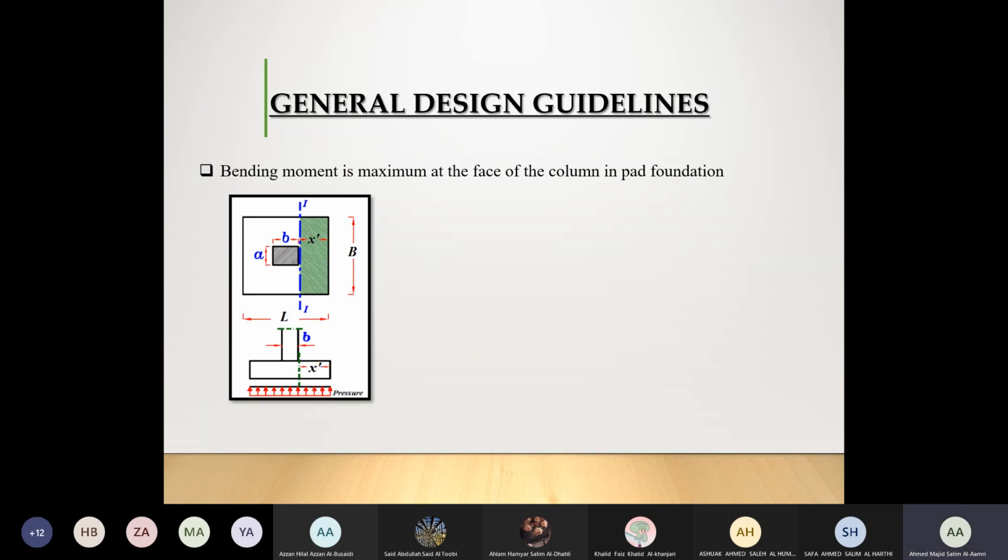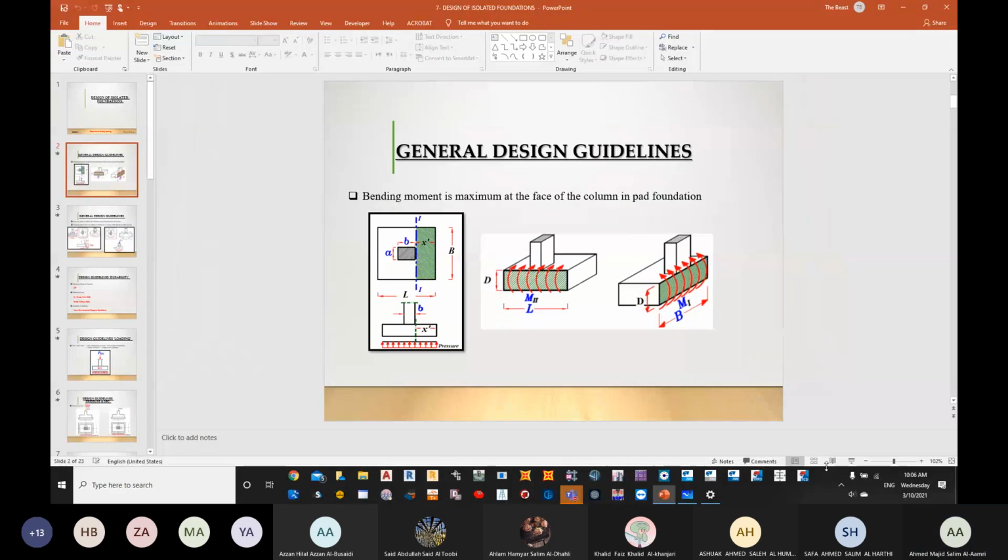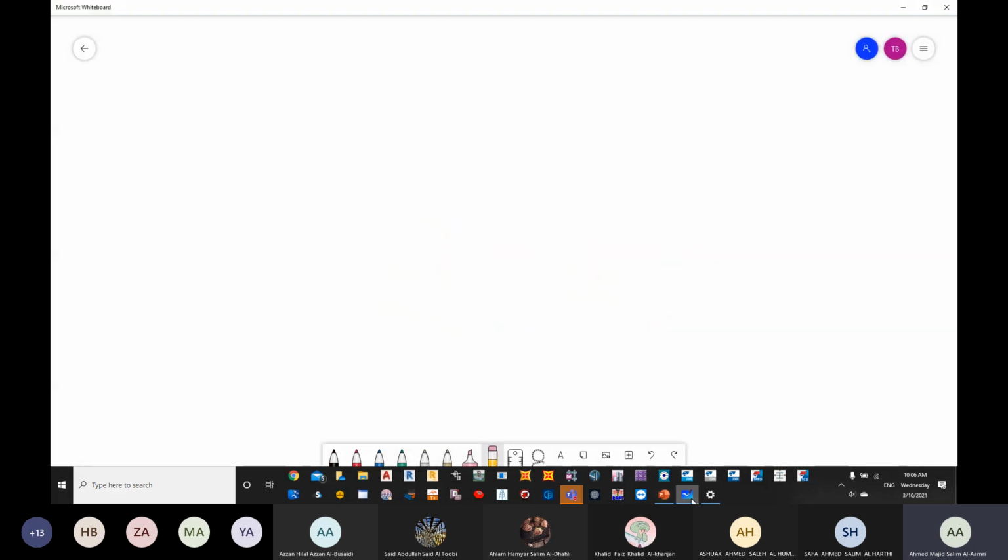Once again, when we design any foundation, the maximum bending moment happens at the face of the column. Is it clear what the meaning of this is? What is the meaning of the bending moment being maximum at the face of the support, or the face of the column?